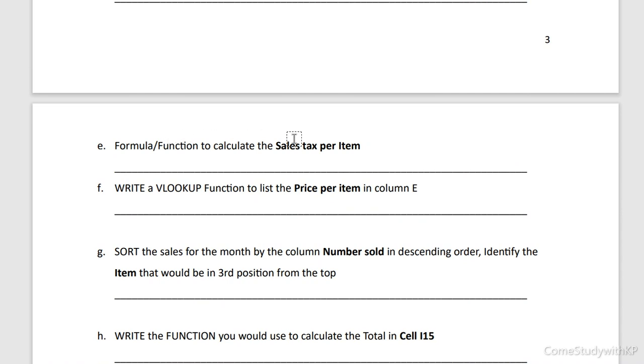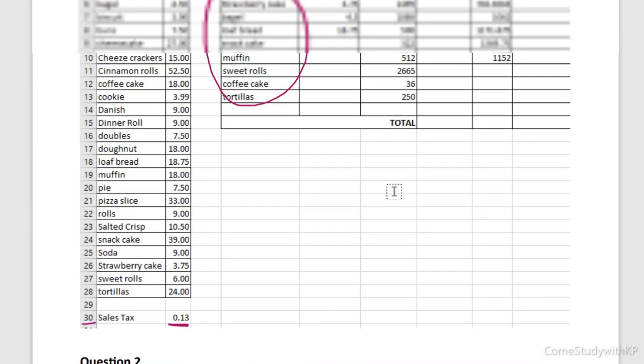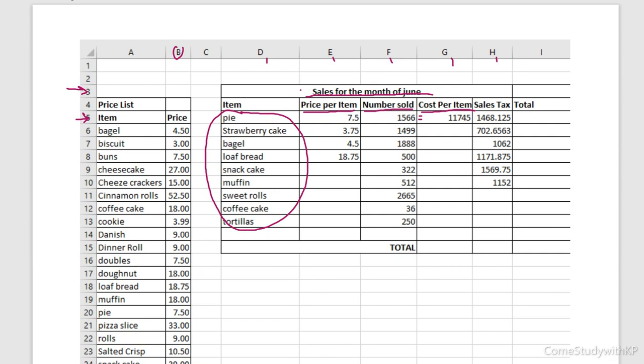Formula or function to calculate the sales tax per item. What formula or function would you use to calculate the sales tax per item? So let's look back up. Sales tax per item would be in H, and we want to know what formula or function we use to calculate here. So sales tax is usually on the cost of the item.